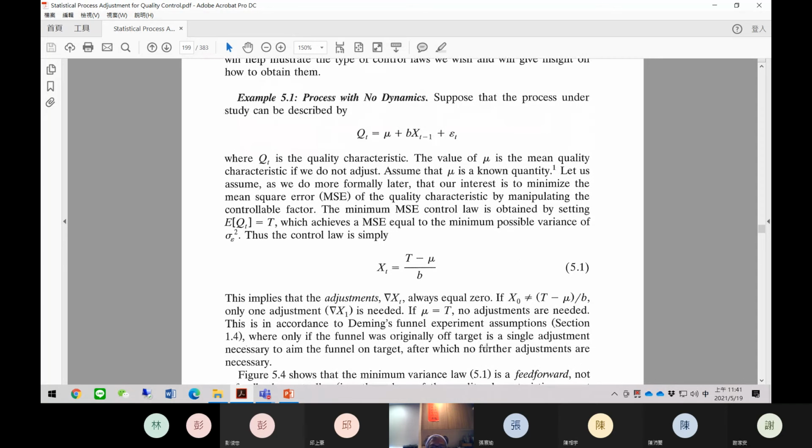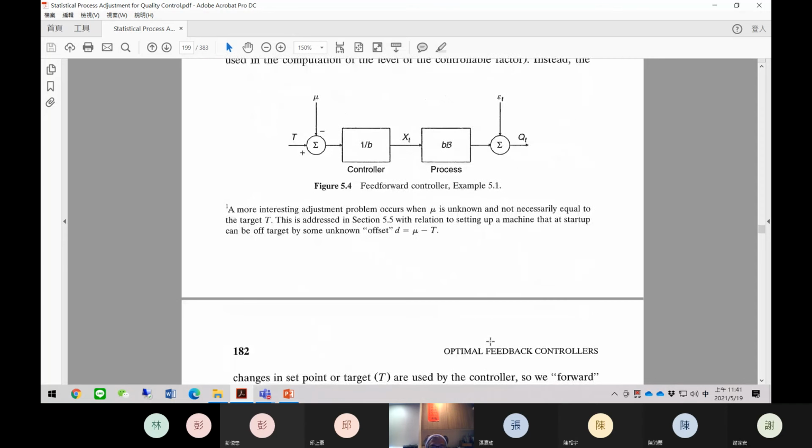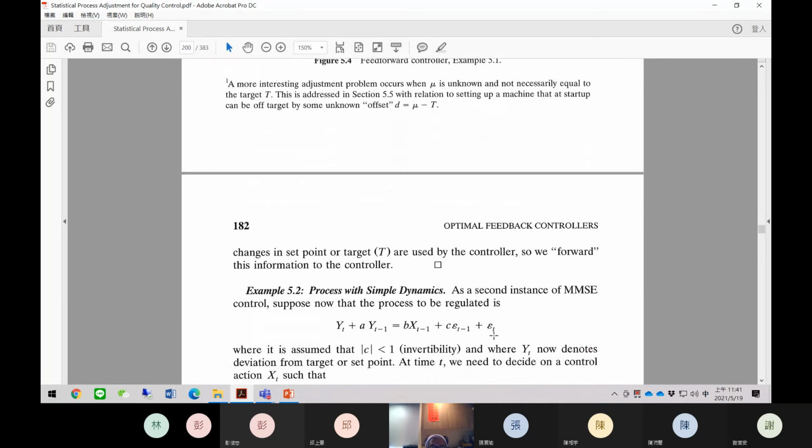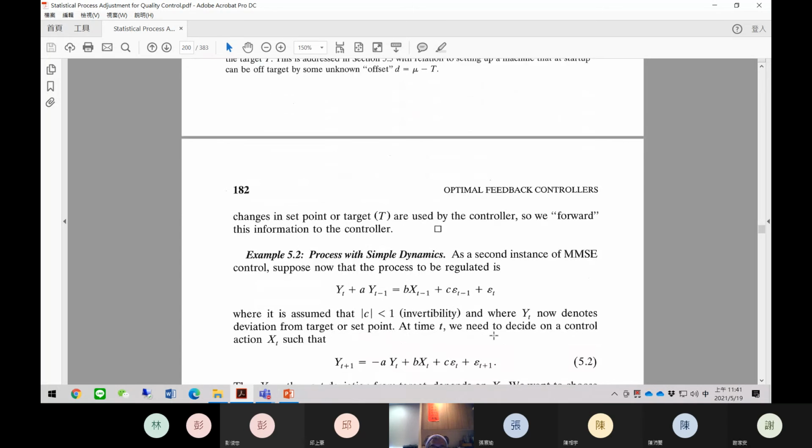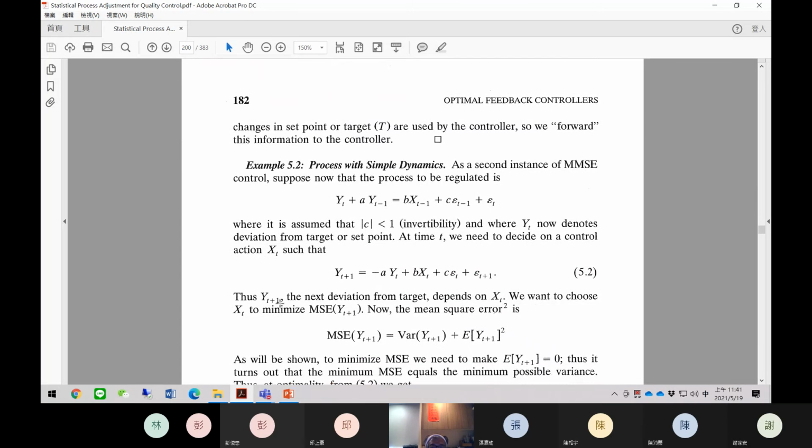Then we move to the next example, 5.2. This is a process with simple dynamics. The dynamics, that means, look at this, we have a dynamic right here, Xt minus 1.